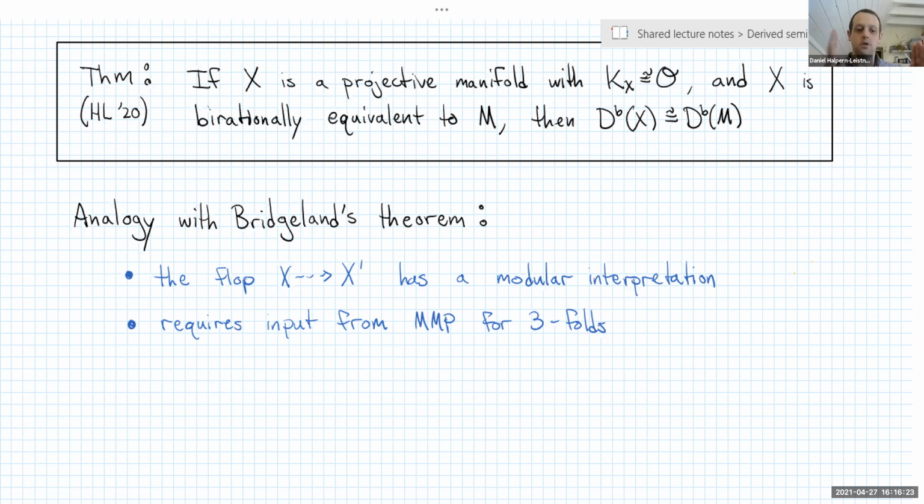But you can think of the passage from X to X prime as a kind of variation of stability, and some moduli of complexes in this category D^b of X. But then that just gets you one flop, and then you need the MMP to say that you can get from two birationally equivalent threefolds via a sequence of flops where all the intermediate things are smooth. And that's just not even true in higher dimensions, that you're forced to encounter certain singularities.